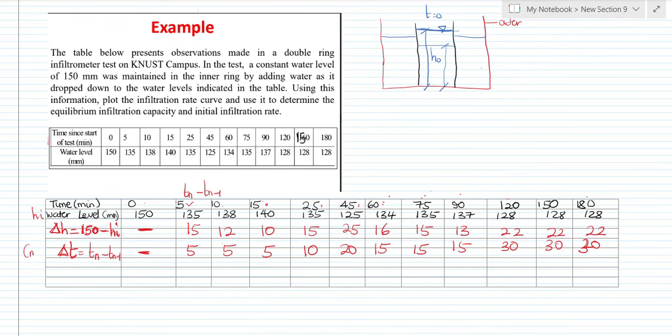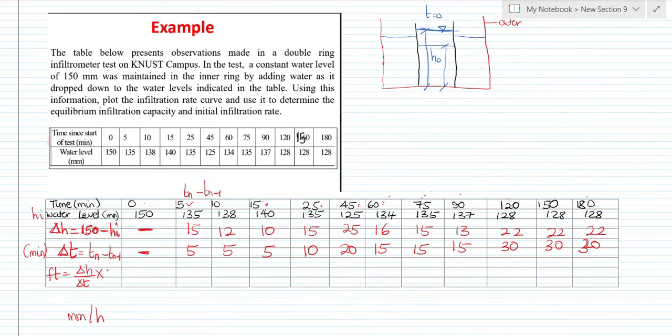Now with that in place, we need to find our filtration rate. Now this time is in minutes. You can turn it into hours, right? Now we can leave it like that. But we need to find filtration rate, which is given by the change in water level over the change in time. Now we want to leave our answer in millimeters per hour. So we have to change our time.